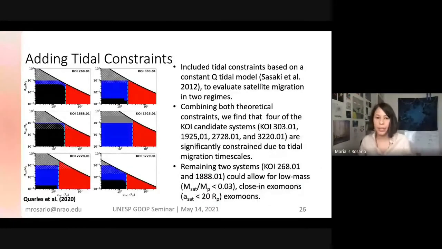Moreover, in this collaboration with Dr. Quarles, he applied tidal constraints from Sasaki et al. 2012 to evaluate satellite migration into regimes.